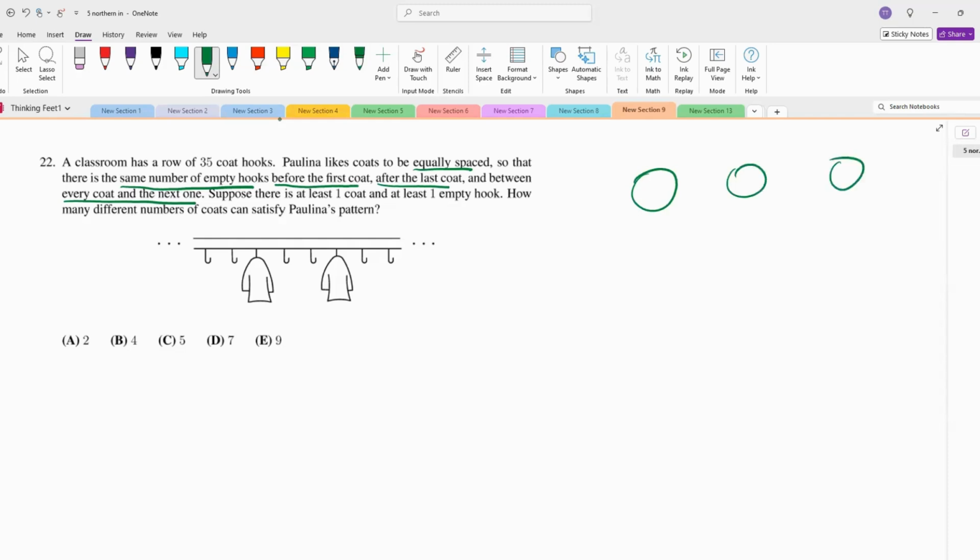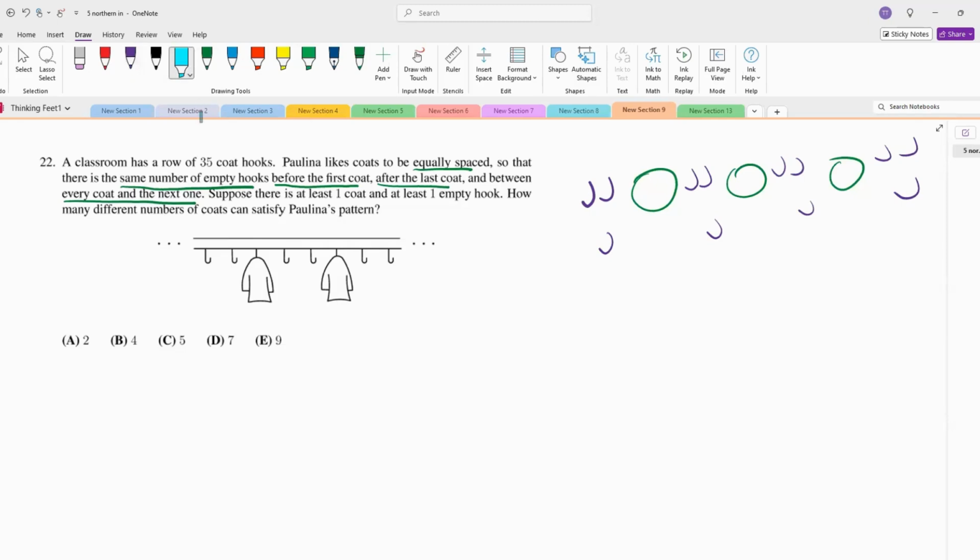Let's say I draw 3 coats, and I'm going to ignore the number 35 for a minute. What essentially Paulina likes is that there's got to be the same number of empty hooks before, in between, and at the end. There could be one hook here, one hook here, one hook here, one hook here. As long as you keep everything the same, that satisfies Paulina's pattern.